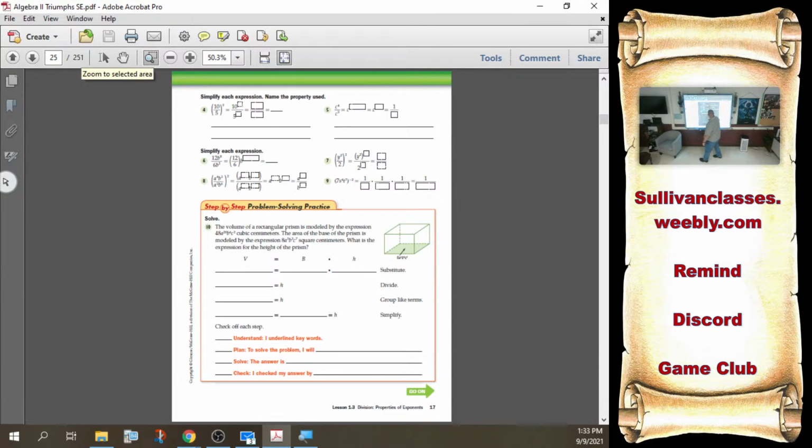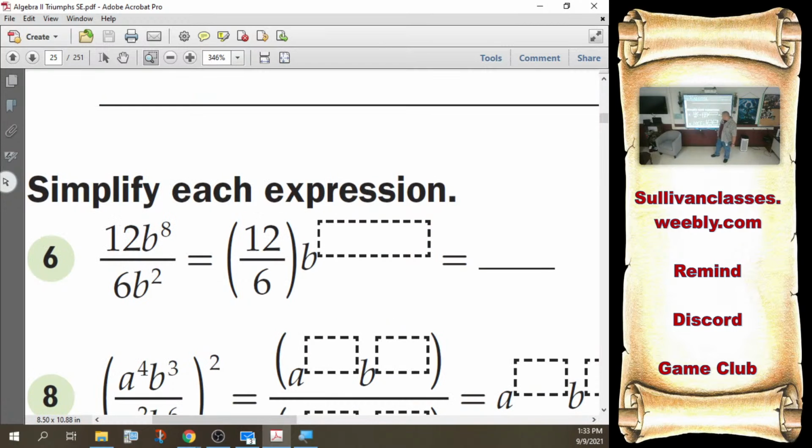Do you want 6 or do you want 9? Which one you want? Pick one. Okay. Get up. Come on, come on. Grab markers. They're fun to play with.